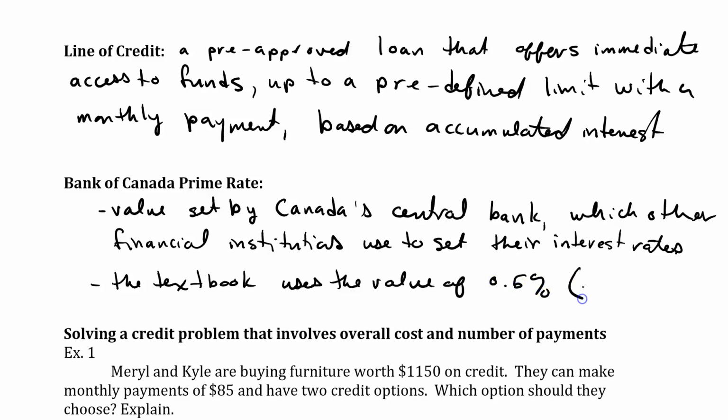Just remember, as a decimal, this is 0.005, not 0.05, because that's 5%, or not 0.5, because that would be 50%. Just to give you a sense, England's bank has the same prime rate as us, but the American banks actually have half, so it's 0.25%. Just as a little bit of a reference.